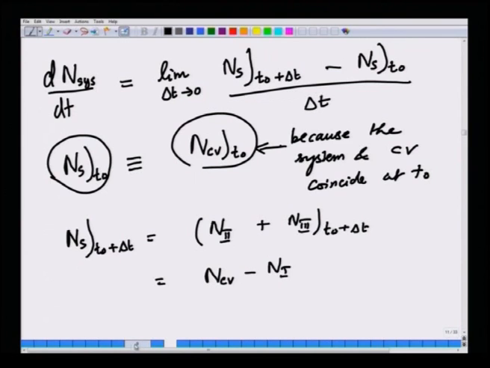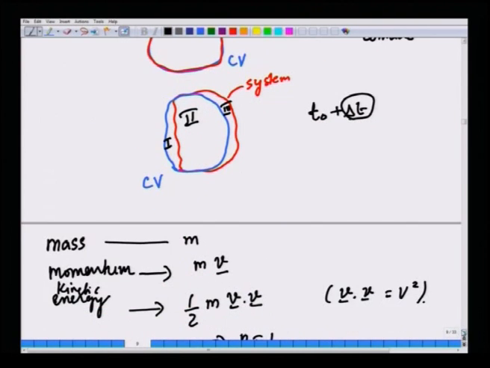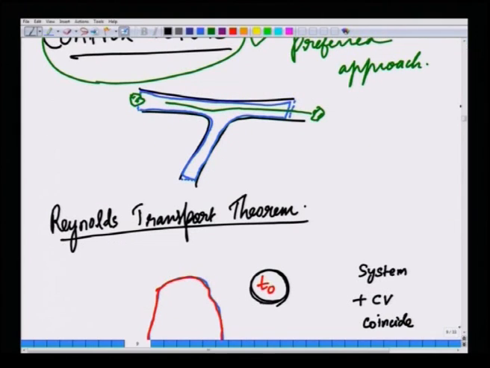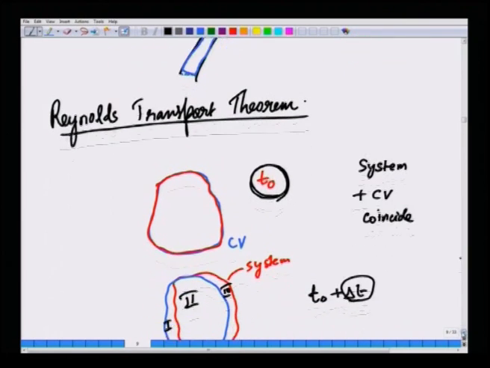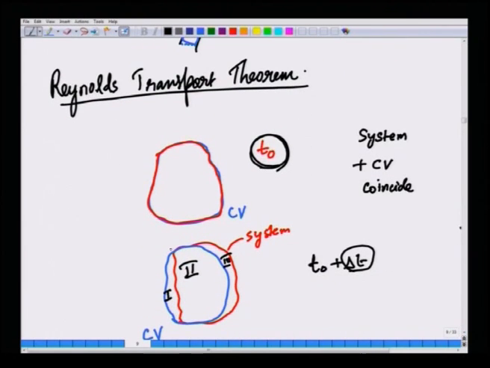Recall in our picture that N2 is that region which is the total CV volume minus the volume that is vacated by the system at a later time.